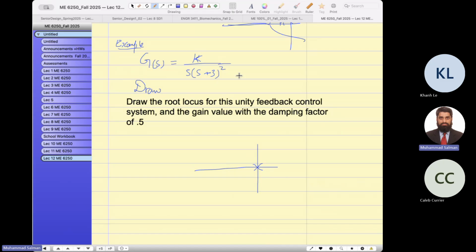One root is located at 0. The other two roots are located at -3. Agreed? So 0, -3, and -3. There are double poles at the same location. So here the number of zeros is 0, the number of poles is 3.